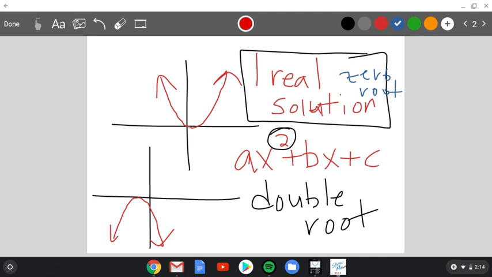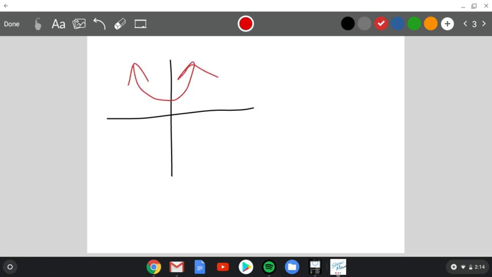So we had a parabola that crossed twice, two real solutions, parabola just the vertex touches, one real solution, and then the third situation would be if the parabola did not cross the x-axis at all, like that, or maybe like this. The way the arrows are pointing, that parabola is never going to hit the x-axis.